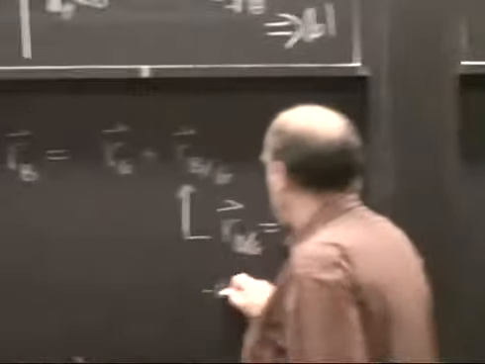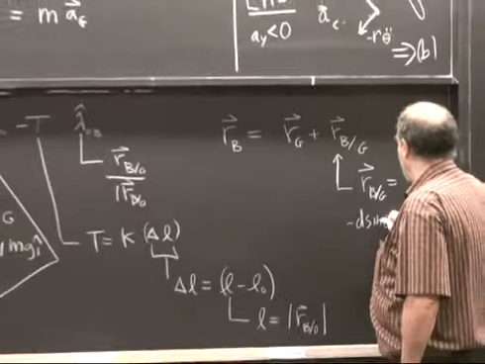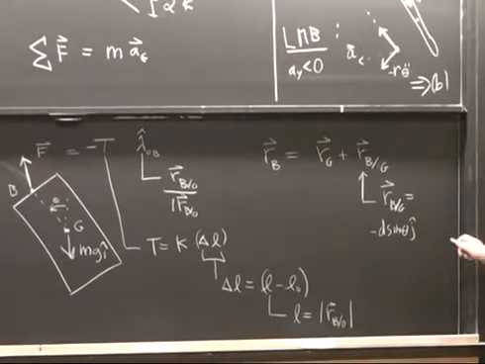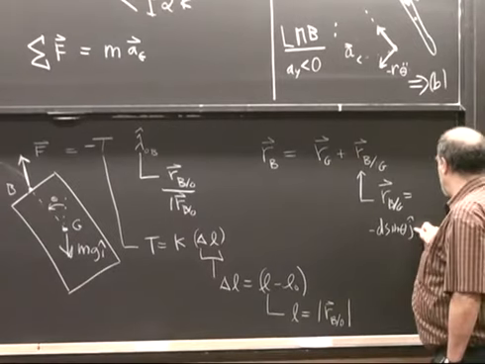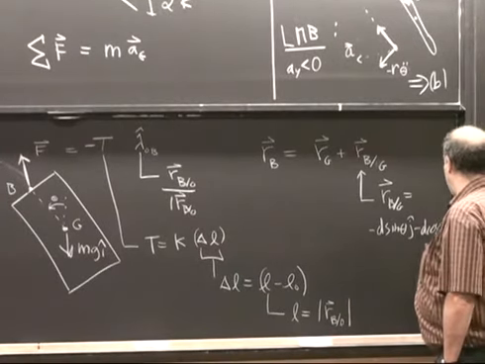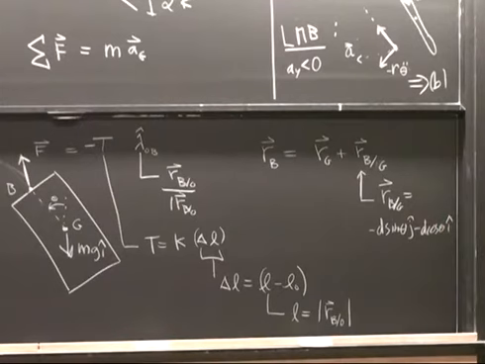Is minus d sine theta j. And then it's also a minus d cosine theta i.